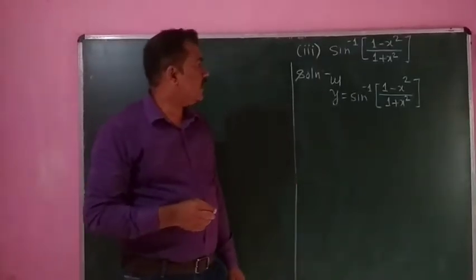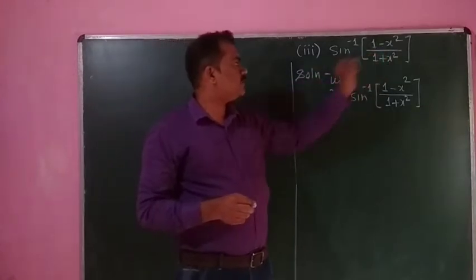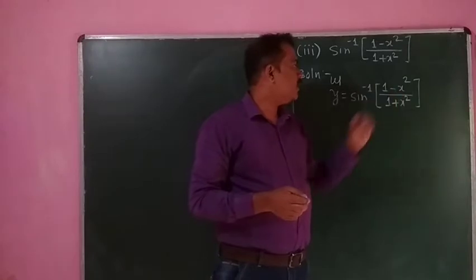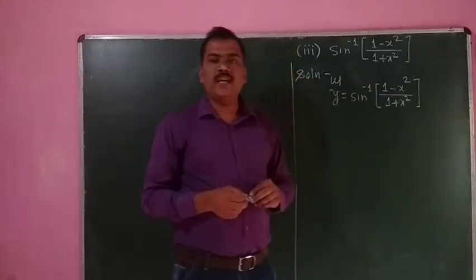Now we have to discuss the third example, sin inverse of 1 minus x square divided by 1 plus x square. Let y be equal to sin inverse of 1 minus x square divided by 1 plus x square.